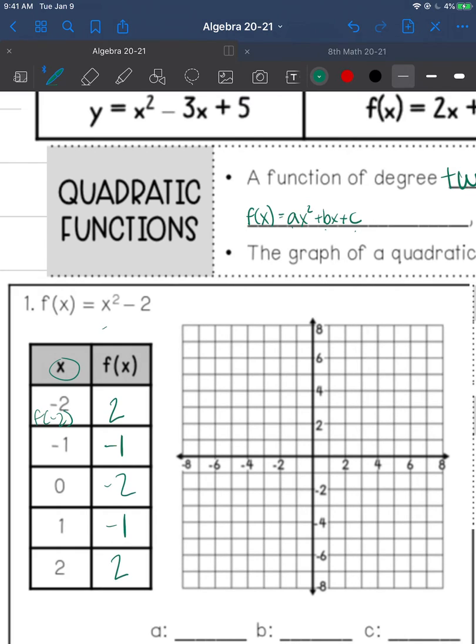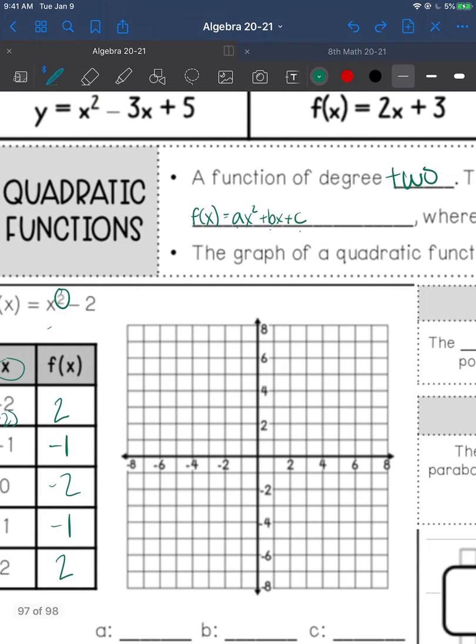With that square, it's going to end up being positive because a negative times a negative is a positive. So it doesn't matter if I have a negative or a positive, I'm going to get the same y value. So this is not a linear function. It would fail our linear function test. But we're going to go ahead and graph it.